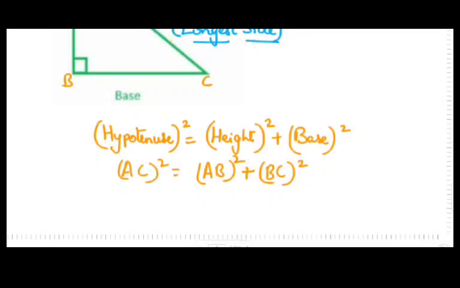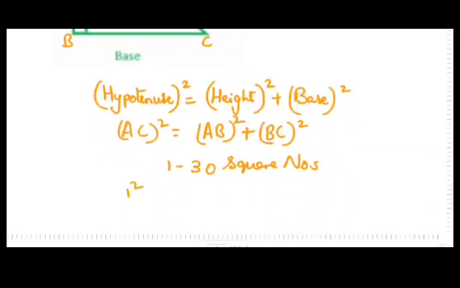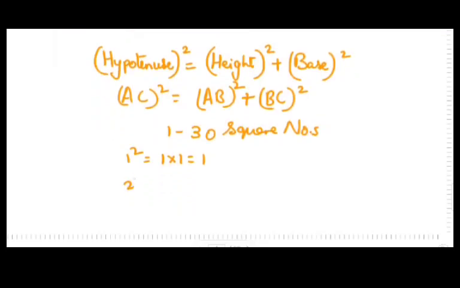all squares from 1 to 30. You need to memorize all square numbers. So 1 square is equal to 1 into 1, which gives you 1. 2 square, 2 into 2, is equal to 4.